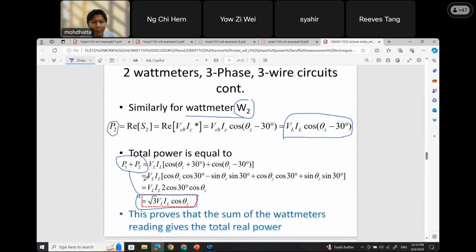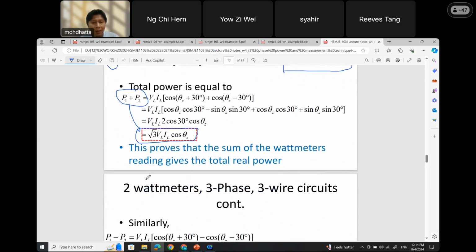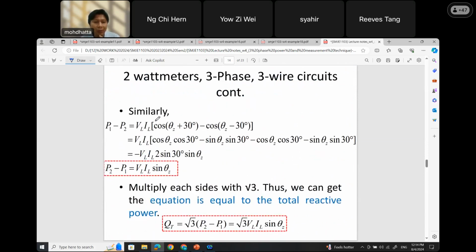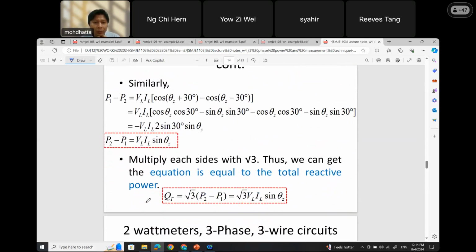What are the information that we can get? The first one, of course, the average power P, and another one we can also calculate is the three-phase reactive power. Maybe you can go through the derivation of this later on. The three-phase reactive power is given by this equation, root 3 times P2 minus P1.